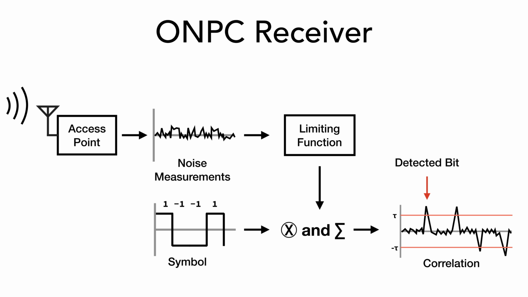And so that's what's being shown in the last graph, this high correlation when they line up perfectly with each other. And then we know if it's a positive correlation that we've received a 1, and if it's a negative correlation, that means we received a 0. And so by correlating this and sliding this symbol along our noise measurements, we're able to get either a strong correlation and know that, okay, that means we've received a bit of data, or we haven't yet. And so we get back our 1100 is the idea here.